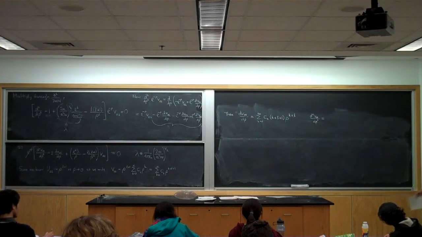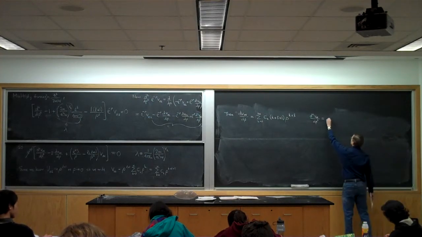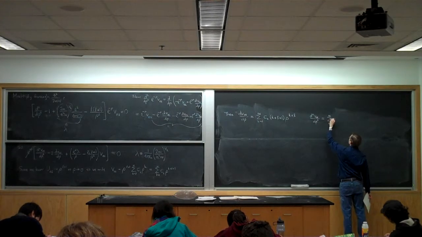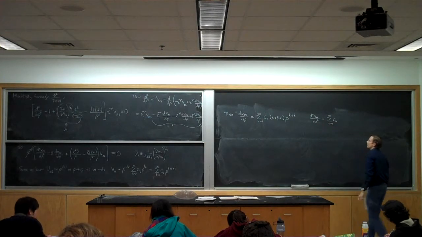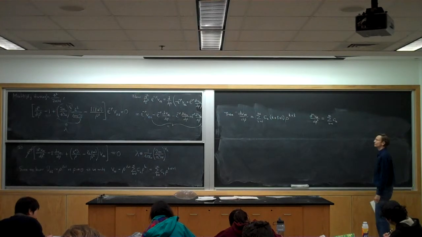And then what's the second derivative? What's d squared V_L d rho squared? Well, that'll be the sum from k equals 0 to infinity, c sub k times what? You got it.